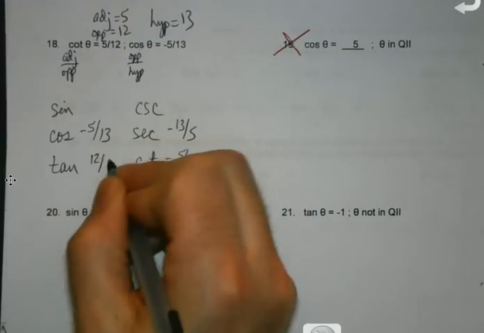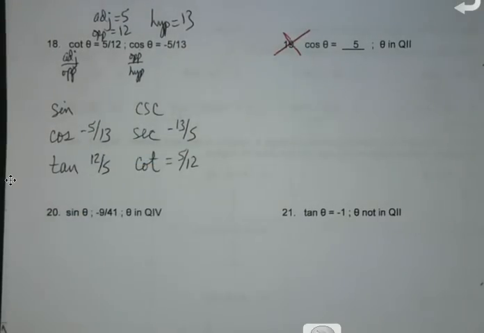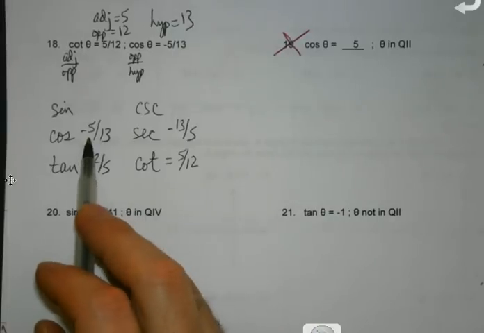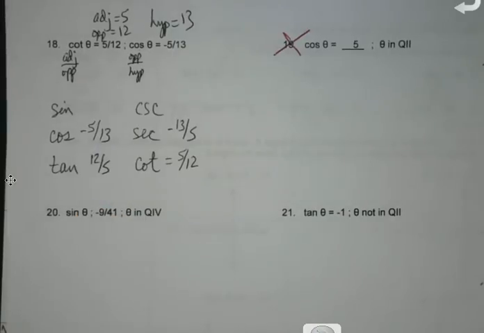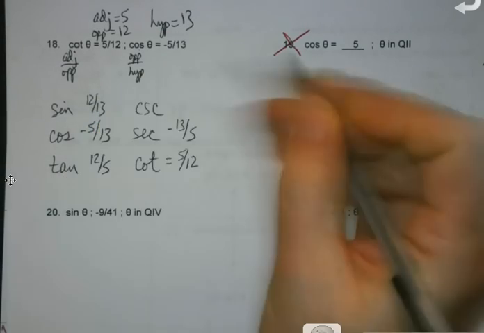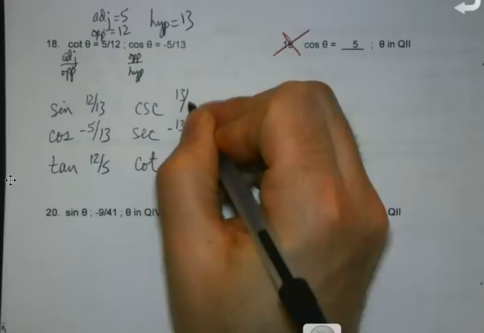Tangent will just be 12 over 5, because they're inverses. Right, cosine was negative 5 over 13. Yep. So then, what's my sine going to be for now? 12 over 13. And cosecant would be 13 over 12.